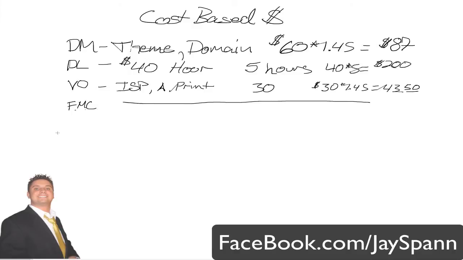Now we're going to have variable selling cost. This is going to be general administrative expenses, phone calls you made, if you did direct mail, email. Let's just say for the sake of this argument, it cost us $30 to acquire this client. Let's go ahead and add 45% to that too.